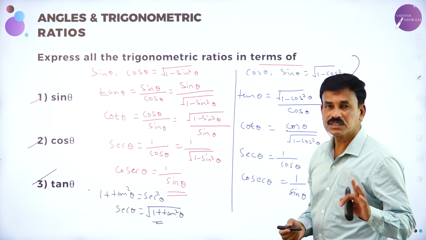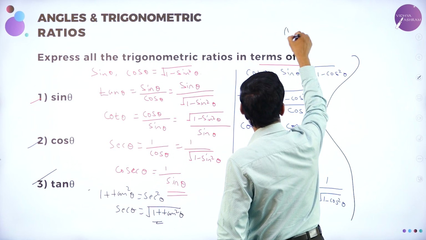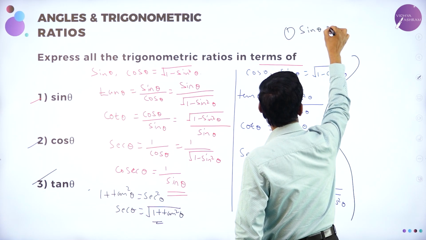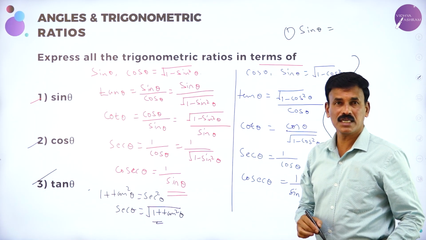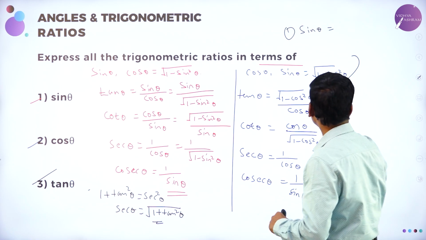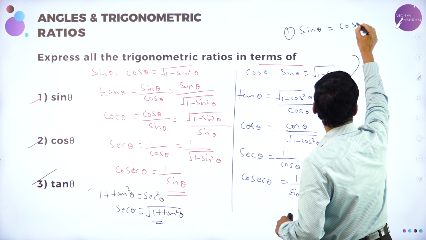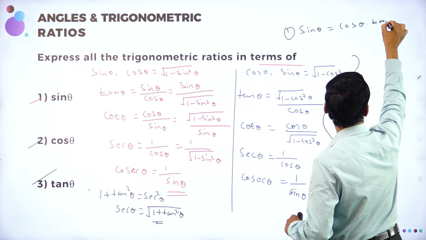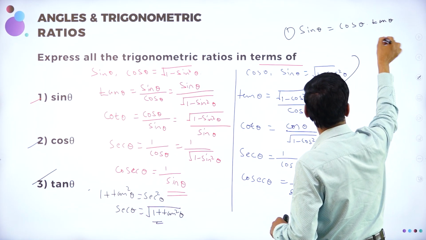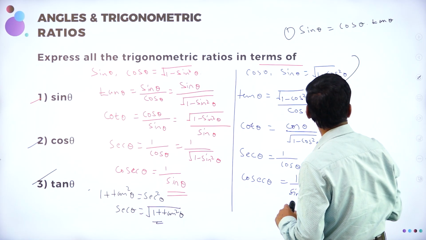First, convert sin theta. Sin theta can also be written as cos theta into tan theta. What is tan? Sin by cos. Cos and cos get cancelled, and we get sin theta itself.